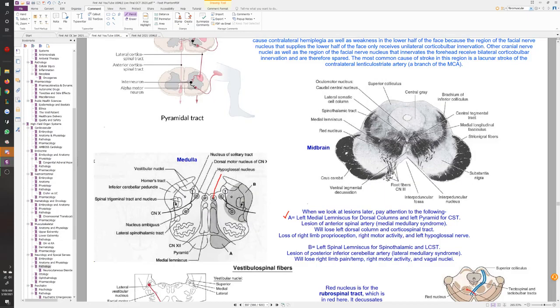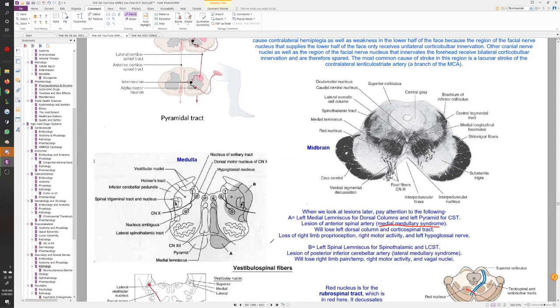They labeled it only on that side, so I'm showing you on this side. Right? There's a couple nuclei that often get involved. Your tongue. The deviation of the tongue is always a big deal. So left hypoglossal nerve, this is all what medial medullary syndrome is going to be about. Movement of the tongue, loss of proprioception, loss of motor activity.